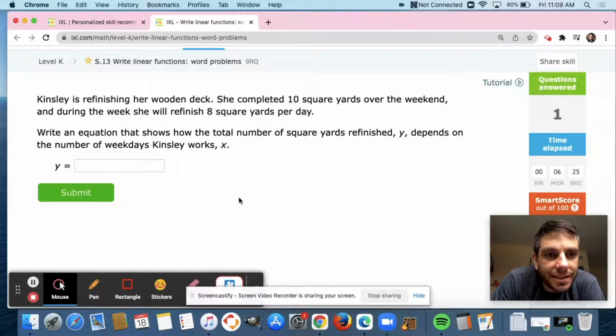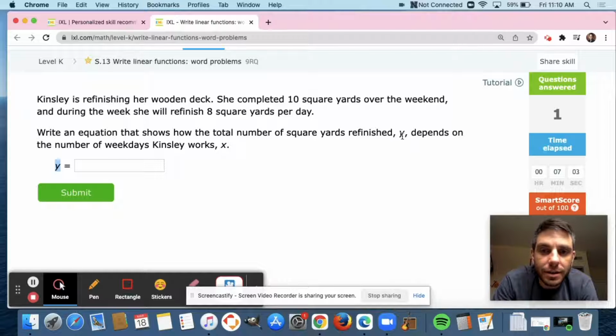This one says Kinsley is refinishing her wooden deck. She completed 10 square yards over the weekend, and during the week she will refinish 8 square yards per day. Write an equation that shows how the total number of square yards, Y, depends on the number of weekdays she works, X. Here, the letter Y represents something different than in the previous question. There, it was the total weight of the chicken.